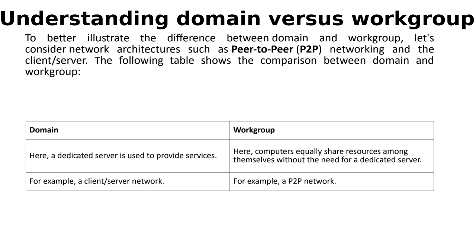If you have something more complex, it will not work. So here we illustrated this in this table, which shows the differences between both. What is an example of a workgroup? Peer-to-peer network. What is an example of a domain? Client-server network.